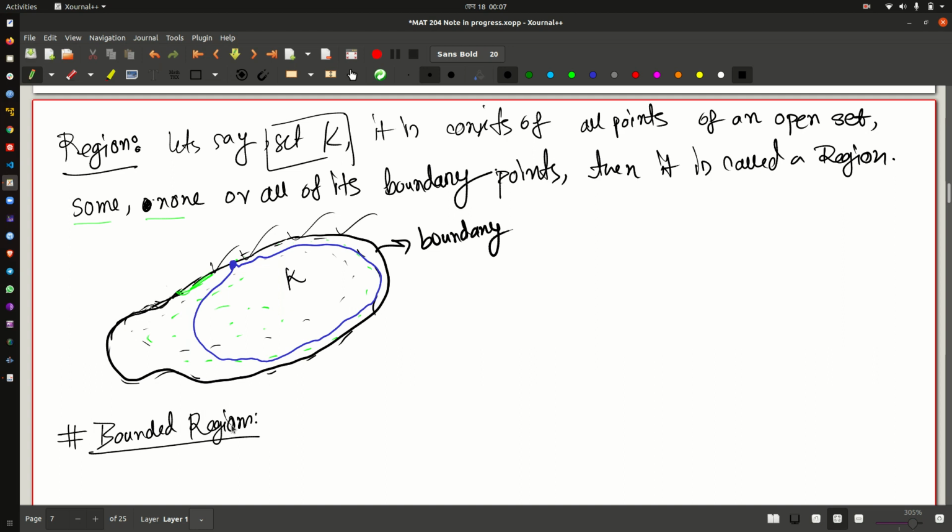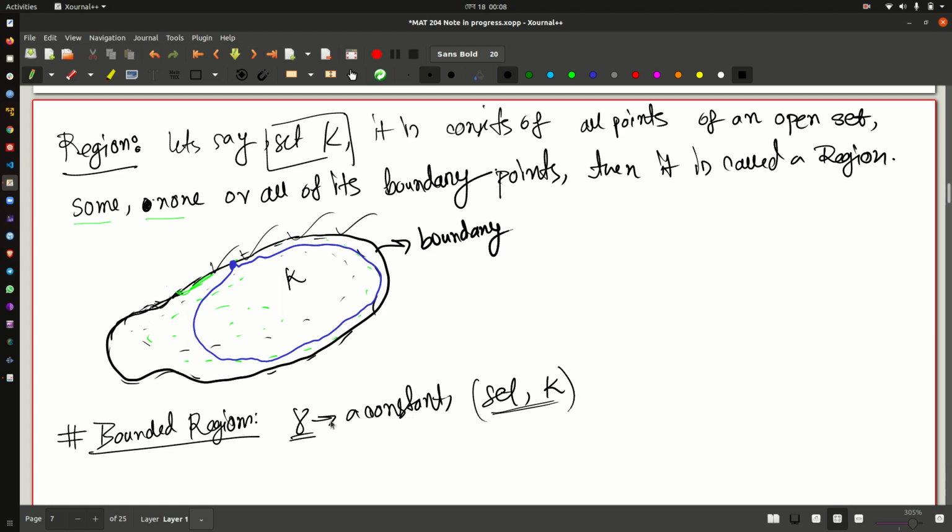But if you have a region and there is a constant, let's say gamma, and our set of interest is k, then for all the points in set k, if those points are less than this gamma, this is a constant.